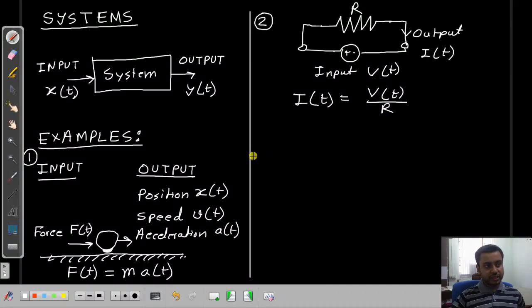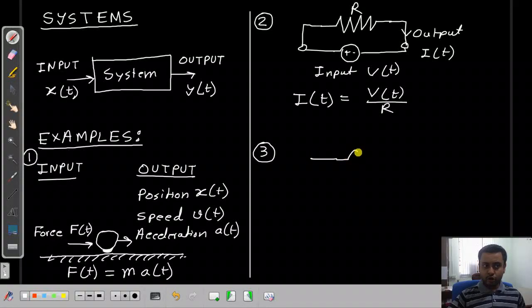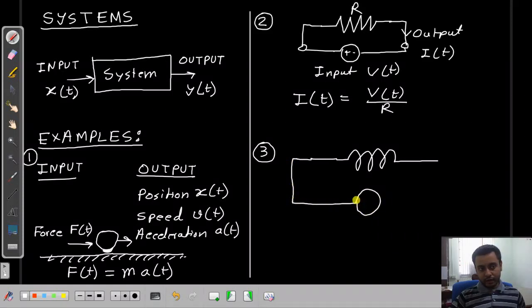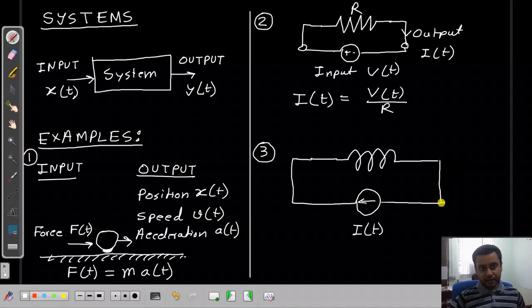Let us consider another simple example, which is a coil or a piece of inductor. Let it be a pure inductor, and through this coil you can pump in some current, call it i of t, and let this current be considered as the input.